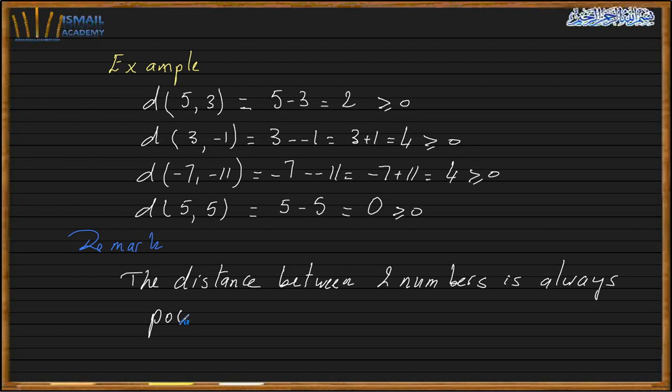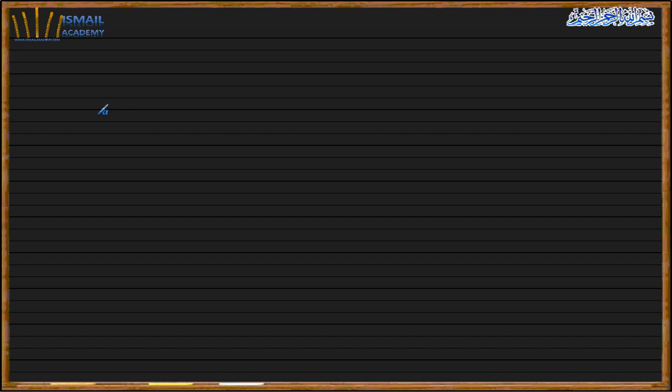Now, what about the distance between 0 and 3? 3 is greater, so it's 3 minus 0, which is 3.